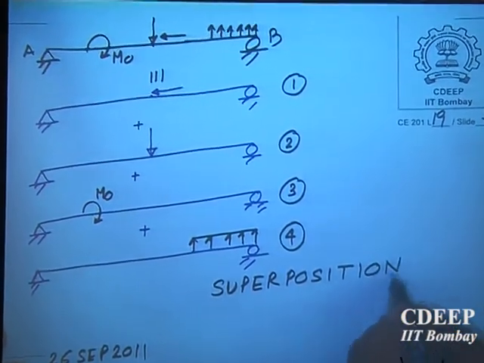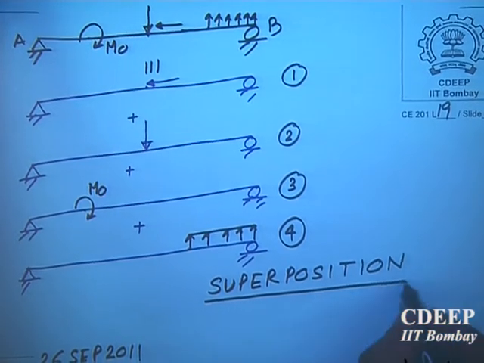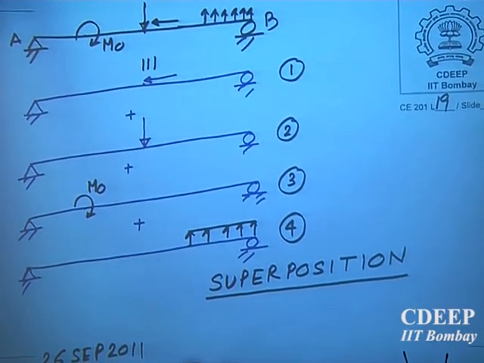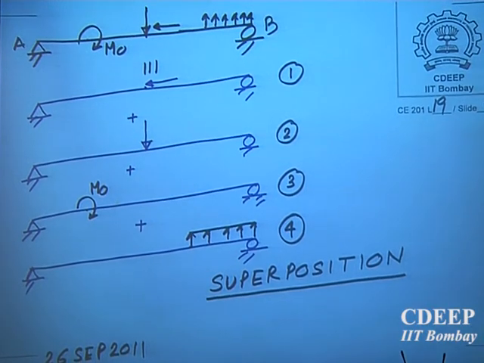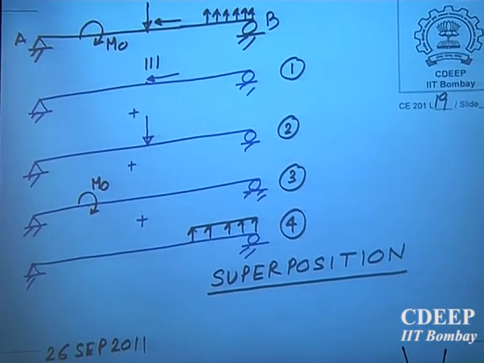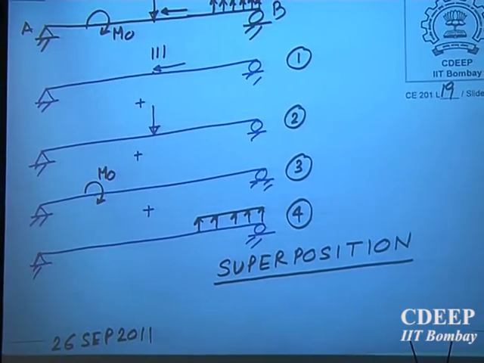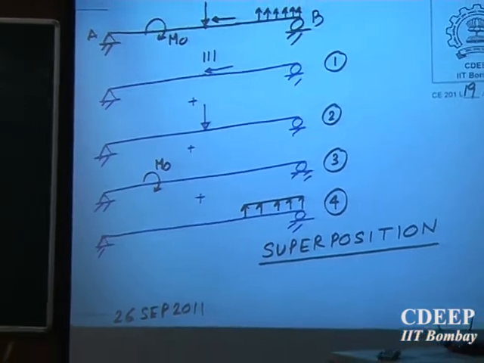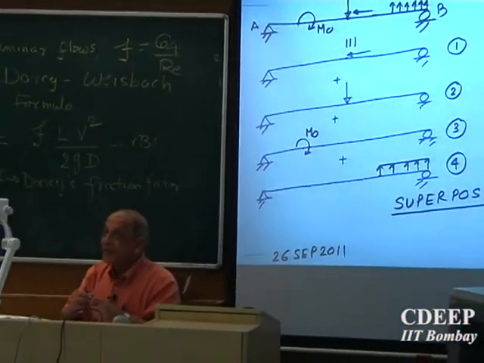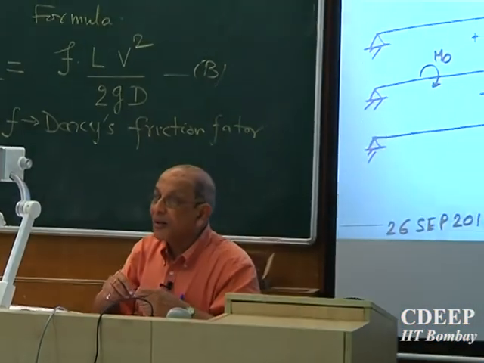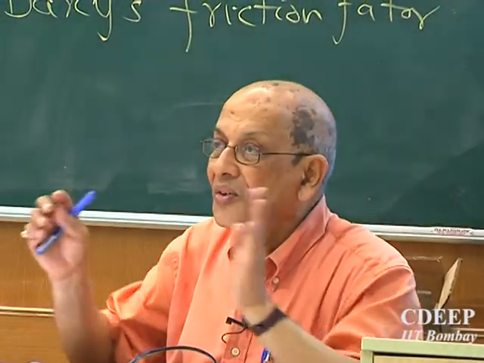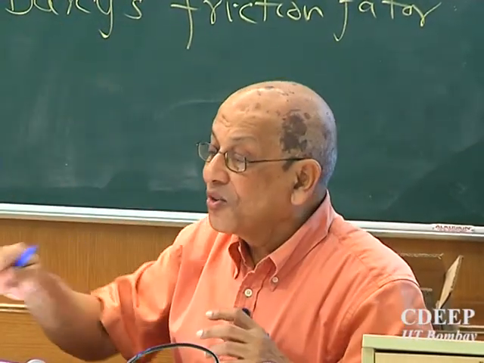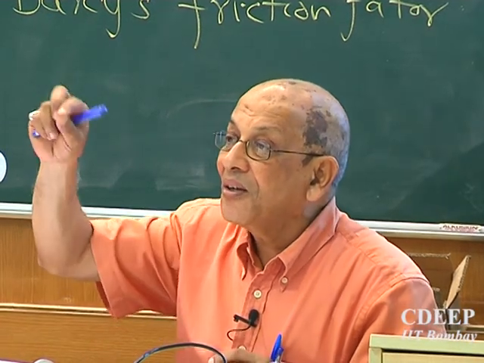The principle of superposition, where you can add everything, bending moment, shear force, deflection, is applicable only under certain conditions. What are the conditions? I think I told you in the first class: linear response. The material's stress-strain curve must be linear, not exceeding the yield point.